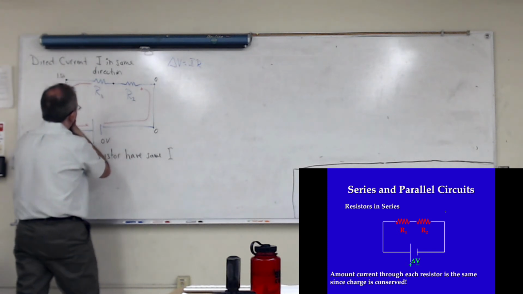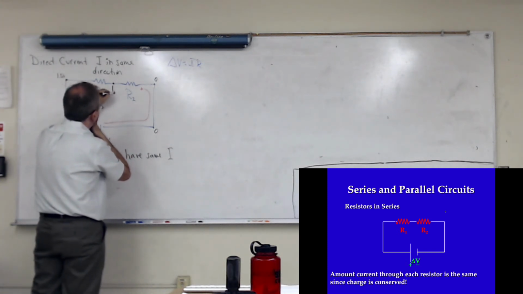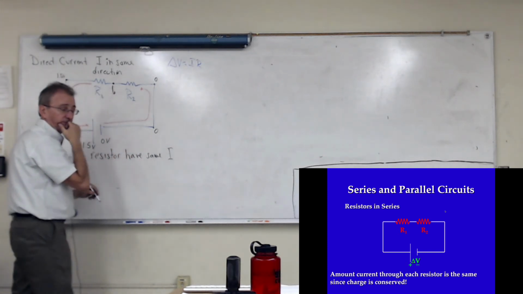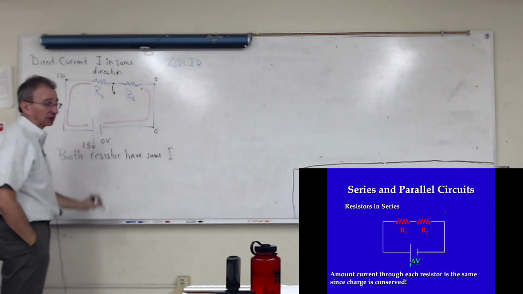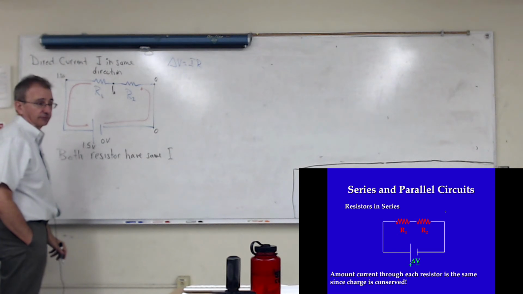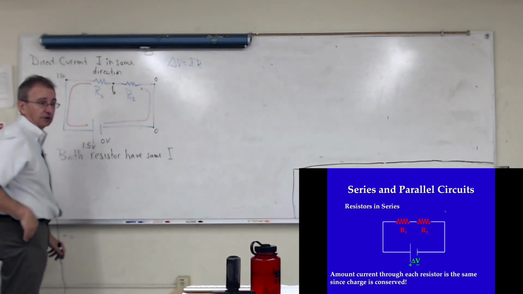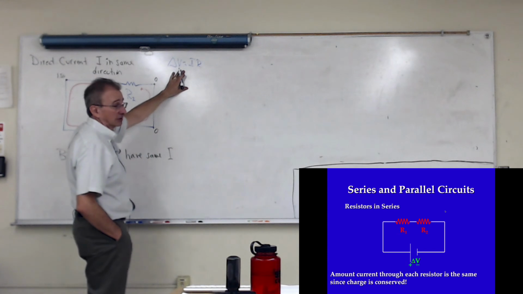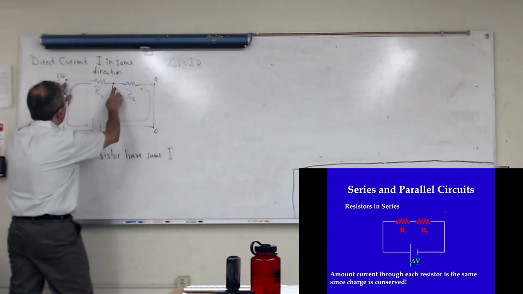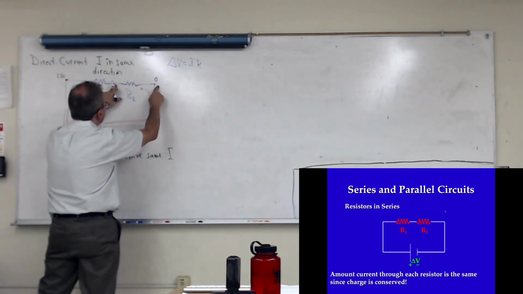Over here, the voltage is some intermediate value, because what happens is you go through a resistor, you have a delta V across the resistor. Any resistor, you have a delta V through it, and that's because of this equation. So this is one voltage drop, this is another voltage drop.